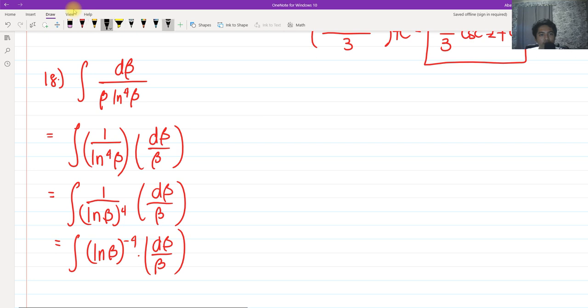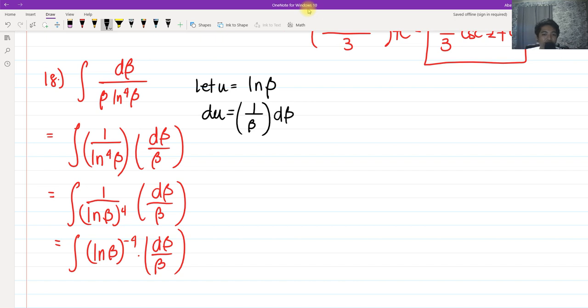If we let u be ln of beta and get the derivative of u with respect to beta, that would be 1 over beta. Since we differentiate with respect to beta, du is d beta all over beta.